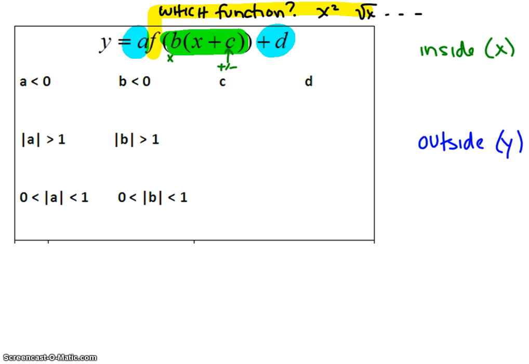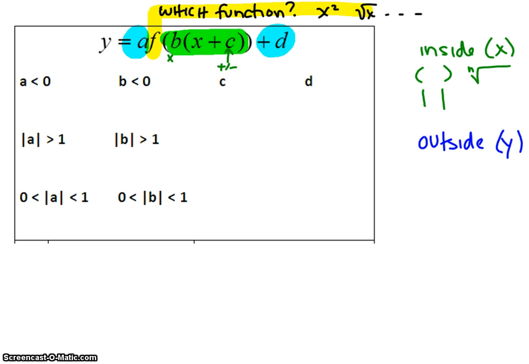I could manipulate this equation by subtracting my d over to my y and then dividing my a away from both sides. But what we're going to look at more is inside and outside stuff. When we talk about inside, we're talking about inside parentheses, inside an absolute value, inside a square root or a cube root. When we get to exponential functions, we'll talk about inside the exponent. When we talk about rational functions, we'll talk about inside my denominator.